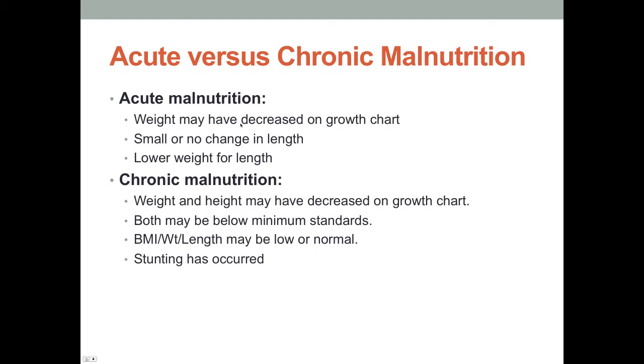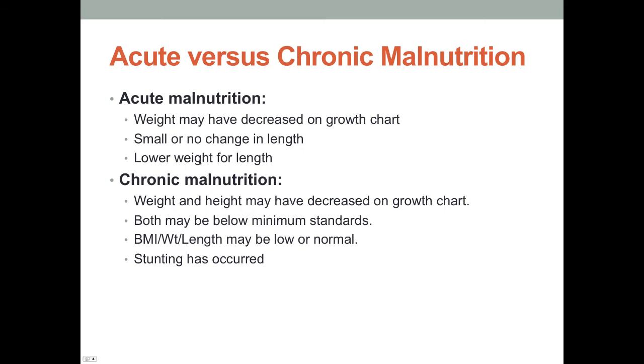Because, for example, the child who weighs 10 pounds at 6 months, who still weighs 10 pounds at 8 months, has not lost weight, but their weight for age on the growth chart may have moved from the 50th down to below the 25th percentile, which means they've crossed at least one growth track. Acute malnutrition may have no change in length, or it may have a small change in length. They may grow in height a little bit, but not very much. And they'll generally have lower weight for length or lower BMI for age.